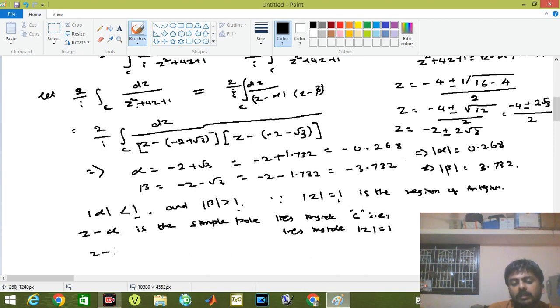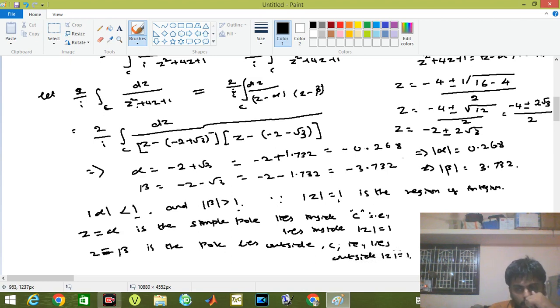The second thing is z equal to beta is a simple pole that lies outside C, that is, lies outside modulus of z equal to 1.